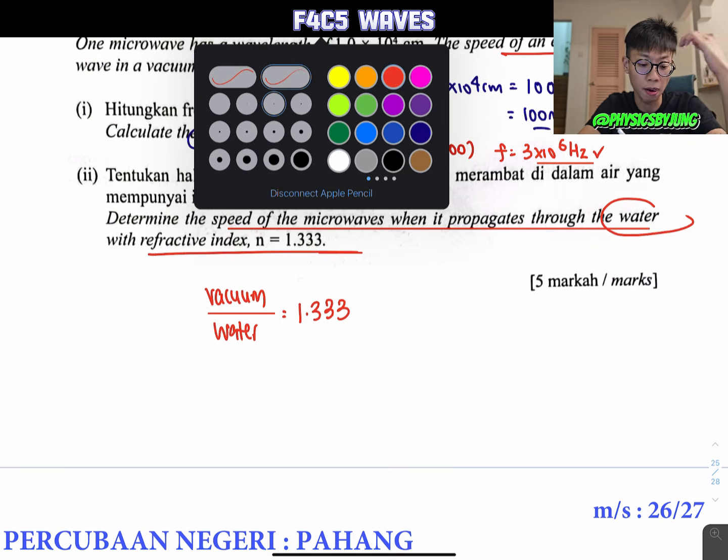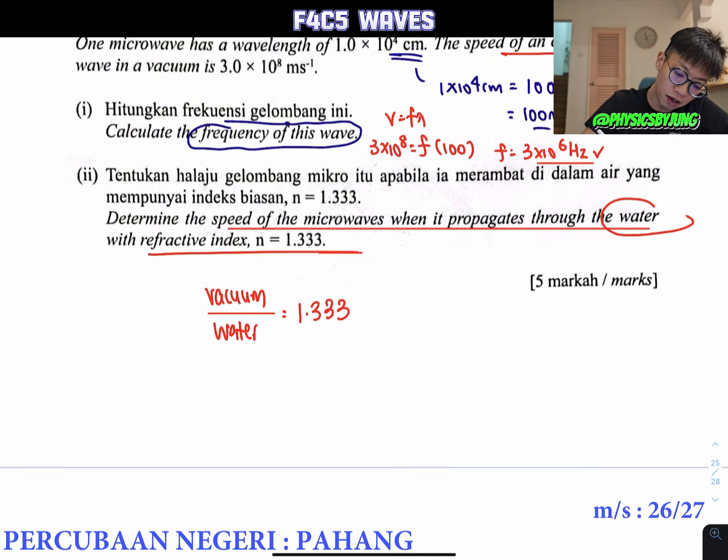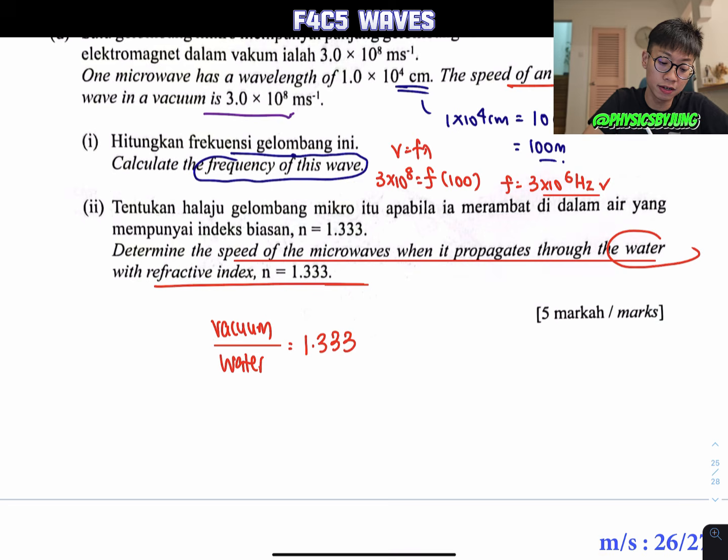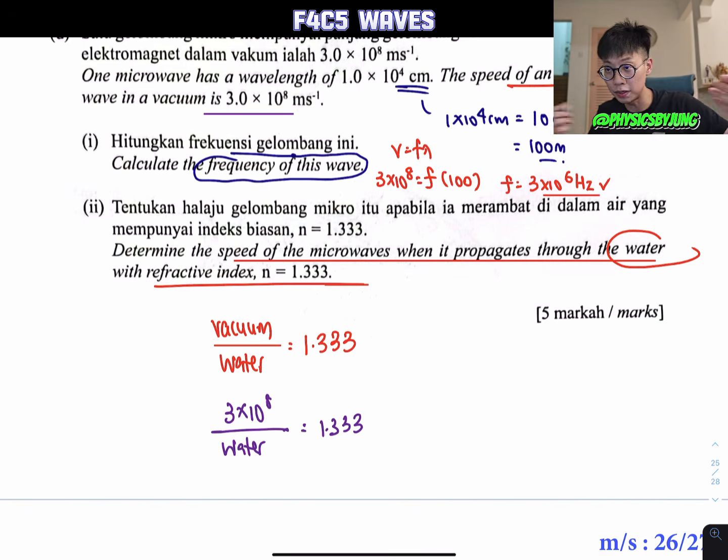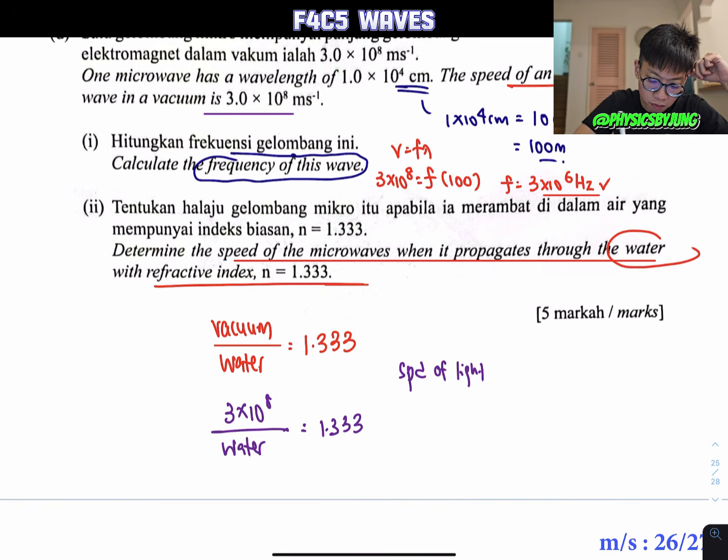Vacuum is standard, 3 times 10 to the power of 8, divided by the water speed, equals 1.333. So you just have to press divide. Then the speed of light in water is 2.25 times 10 to the power of 8 meters per second.